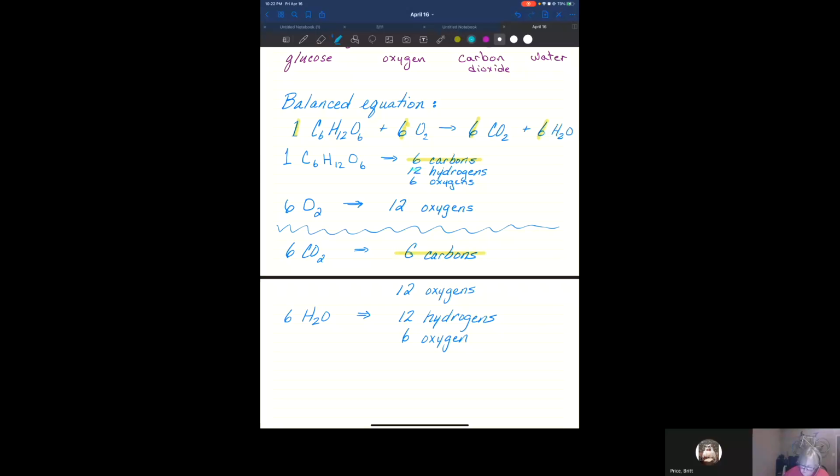Hydrogens, 12 hydrogens reactant side, 12 hydrogens product side. Oxygens, well, there's 6 and 12, so that's 18 total, and then 12 and 6, so there's 18 total.